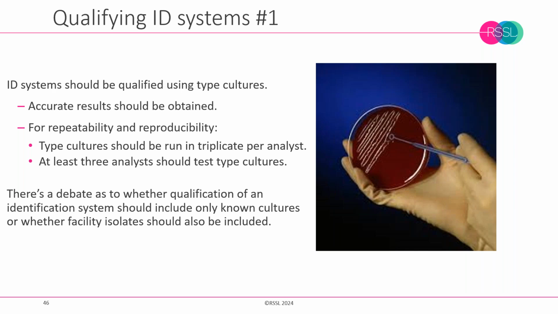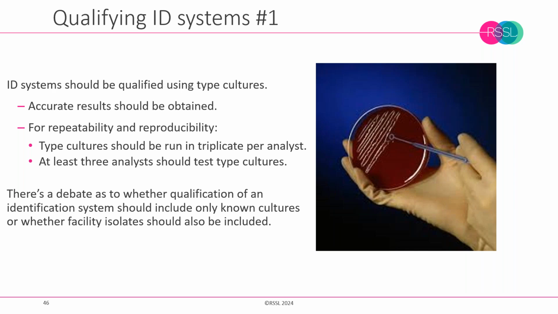And there are different approaches. My advice would be to focus on repeatability and reproducibility. So as a minimum, we want to run a series of known cultures, which we want to run in triplicate per analyst, and then have at least 3 analysts attempt to screen those as well.